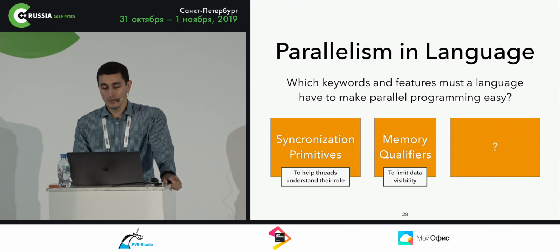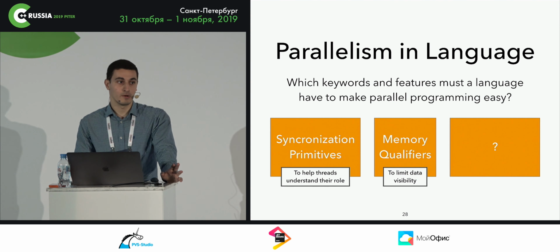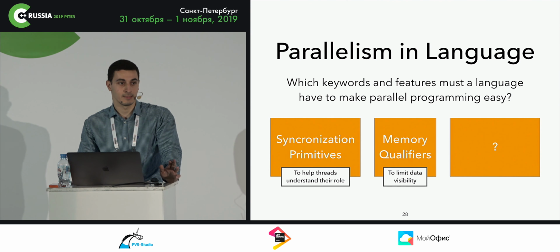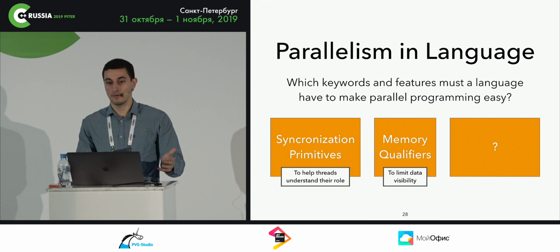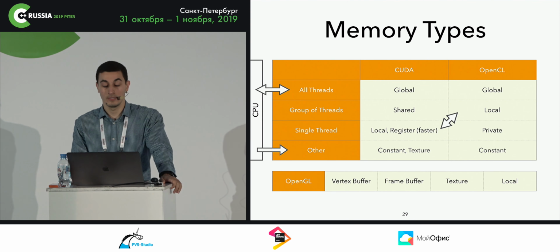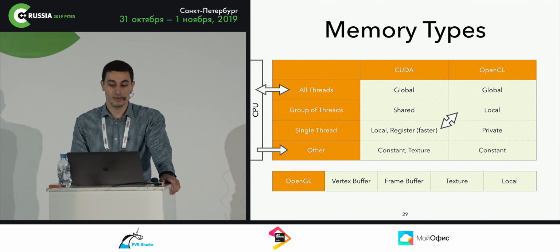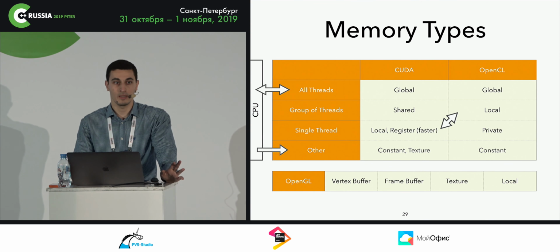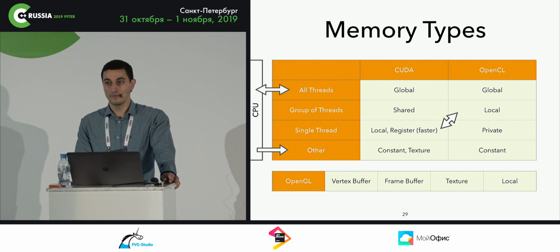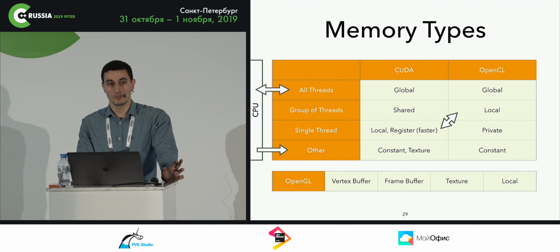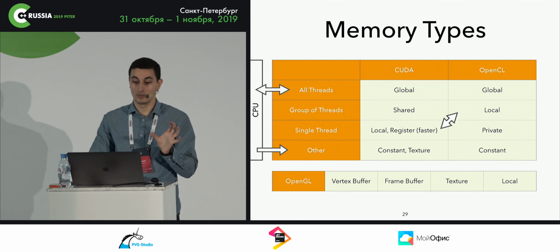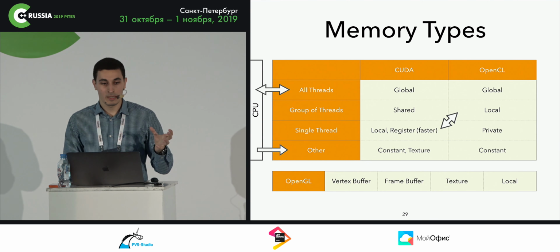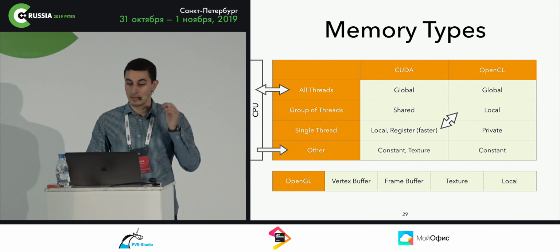So when we do parallel programming, we try to avoid memory races and everything related to it. In languages designed specifically for this, we actually have keywords that limit the access to a specific memory buffer. So every time we define a pointer, we have to provide an additional keyword, a qualifier that says if it's a global memory buffer, a local memory buffer, a constant memory buffer, or a private memory buffer.